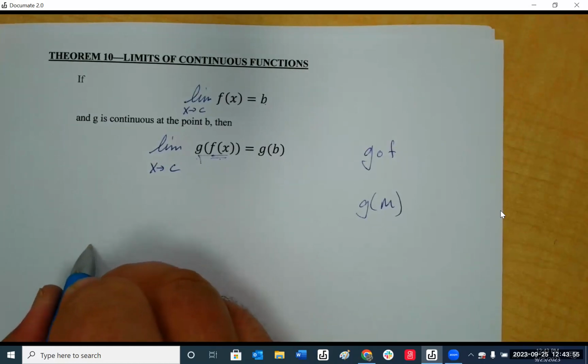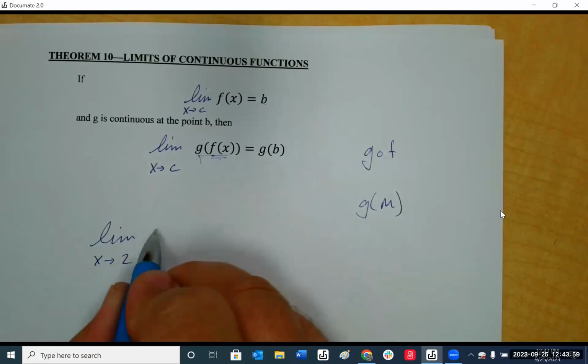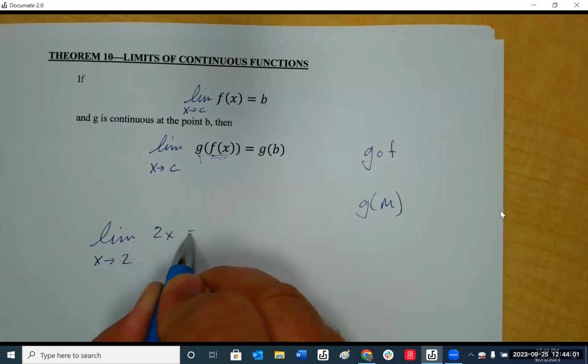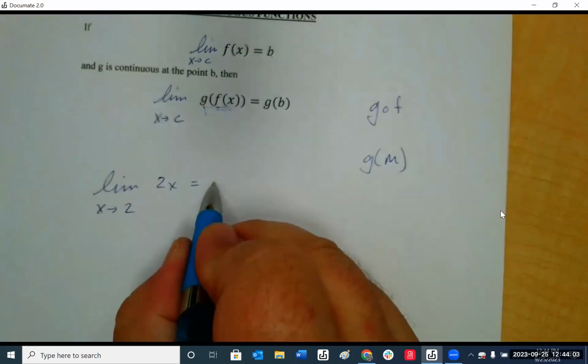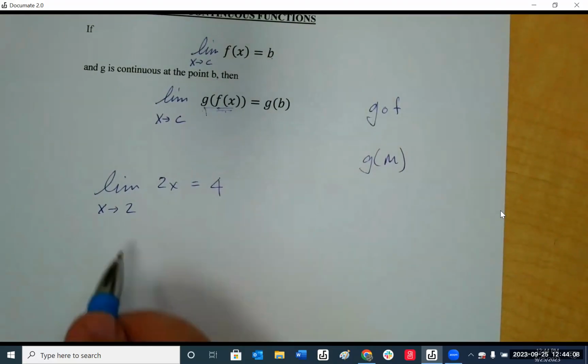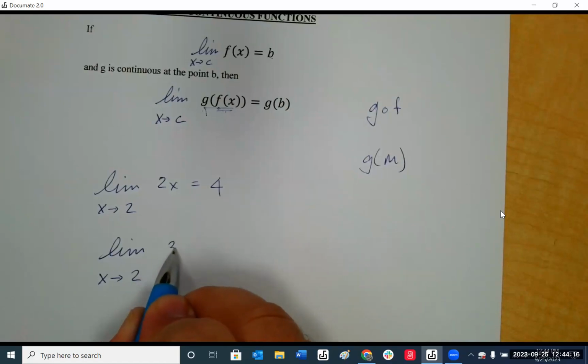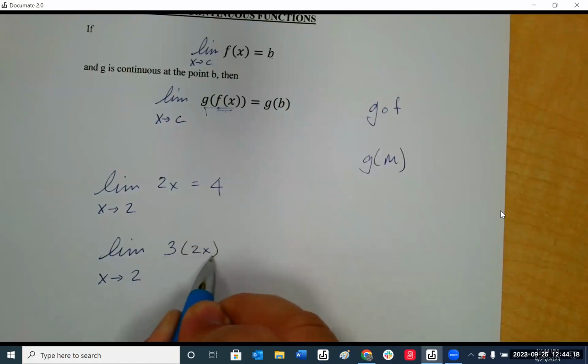So it's the limit of g of this function. Let's look at this. Let's say the limit as x approaches 2 of 2x. That equals what? 4. So the limit as x approaches 2 of 3 times 2x.